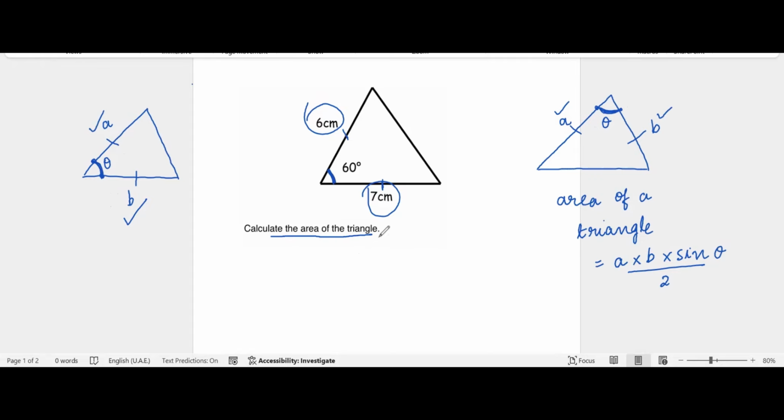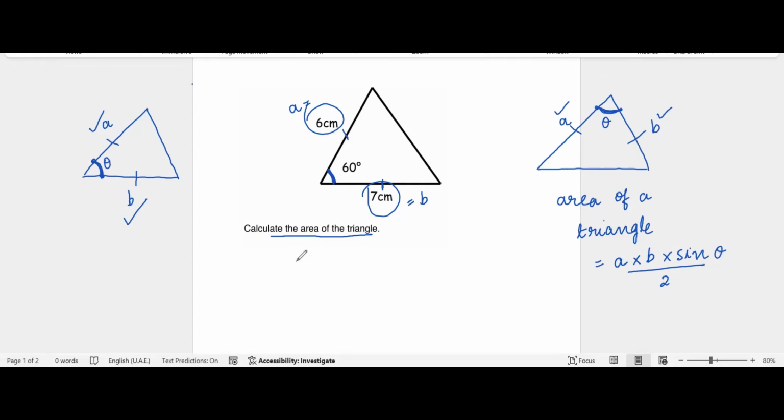To calculate the area of the triangle, we have the two sides given, that is 6 centimeters and 7 centimeters, and 60 degrees is the included angle. 60 degrees is the angle that is connecting both 6 and 7. Now I'm going to use the formula.